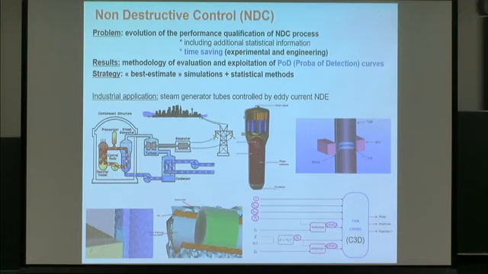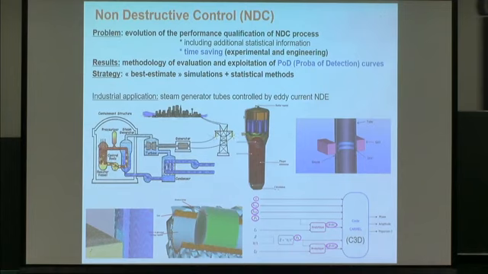The goal is to qualify a non-destructive control process, and so we want to compute to know its performance, and so to simulate this we have developed a software. This is a software which simulates electromagnetic waves. When we pass the probes inside the tubes, they create electromagnetic waves, so we simulate electromagnetic waves.